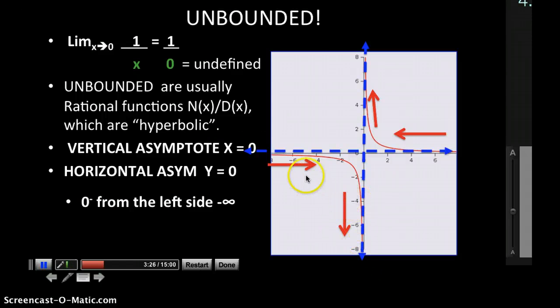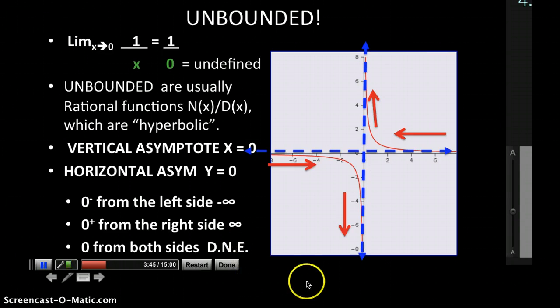Now we're approaching x equals 0 this way, and then staying on the path, you go down forever, that's negative infinity, and then on the right side of 0, you go up as you go towards 0 forever to positive infinity. From both sides, we would say they're different limits. Negative infinity is different than positive infinity. Then we would say it does not exist.